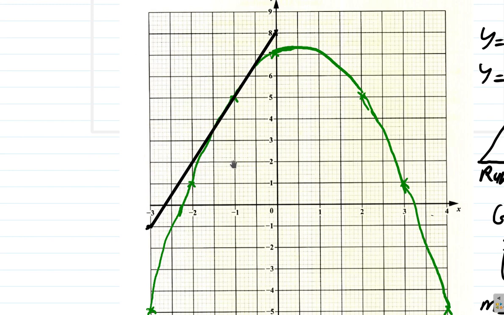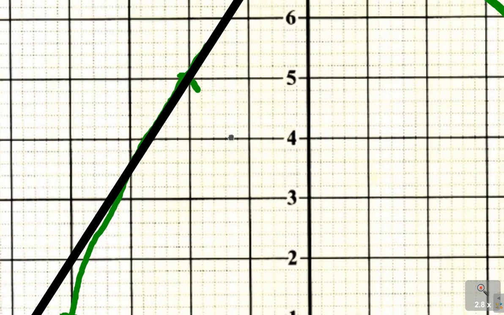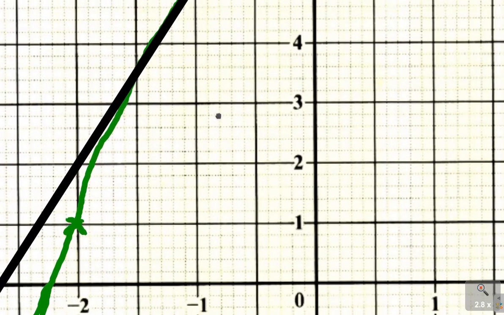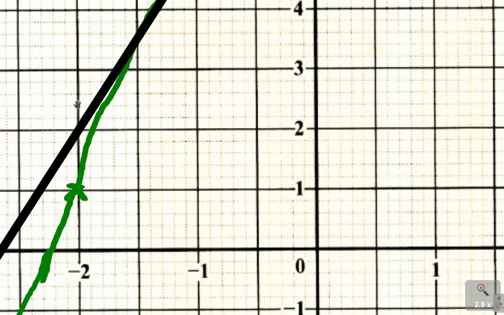Let me zoom in to make sure about something. We go from negative 2 to negative 1. Oh, there was a mistake here that I made earlier.